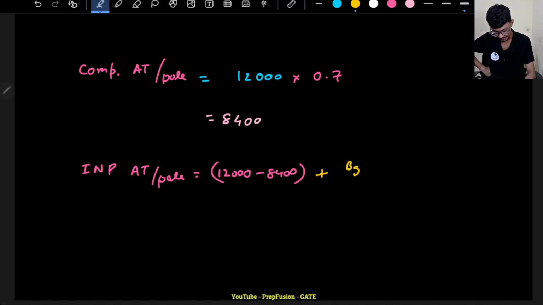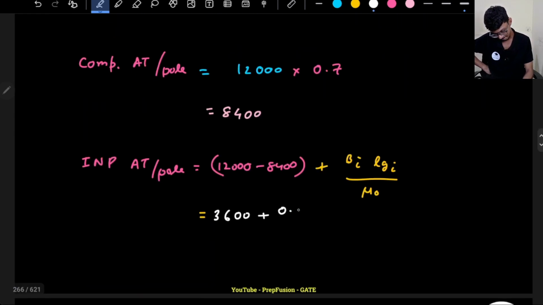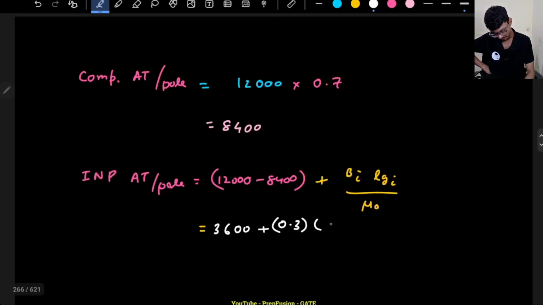So it will be BGI into LGI divided by mu naught. This will be 3,600 plus BGI, given as 0.3, into LGI, given as 1.25 centimeter into 10 raised to power minus 2, divided by mu naught.